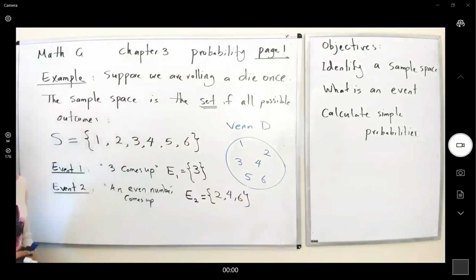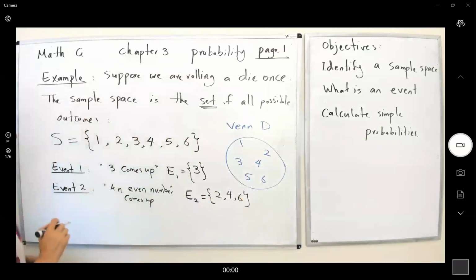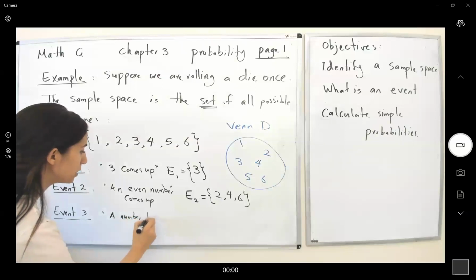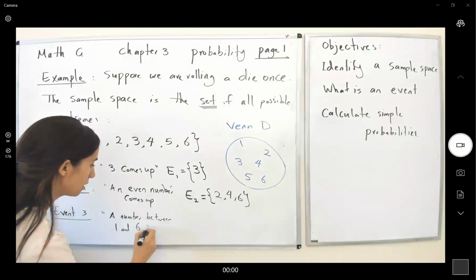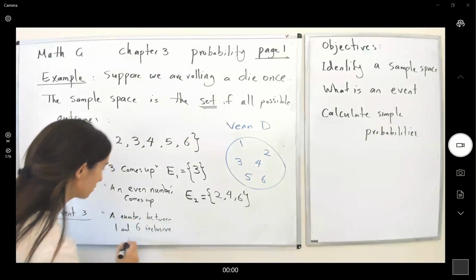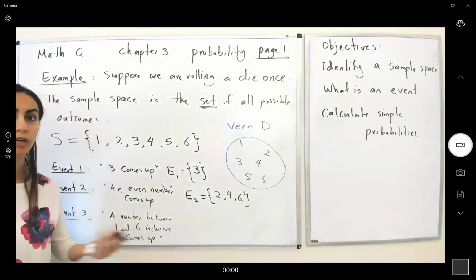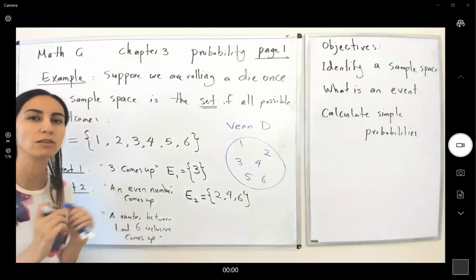And the last event says a number between 1 and 6 inclusive comes up. The third event, a number between 1 and 6 inclusive comes up. Okay, very well. What are the numbers in between 1 and 6 inclusive? It means that they are included.